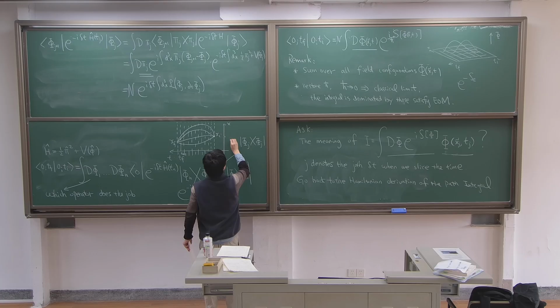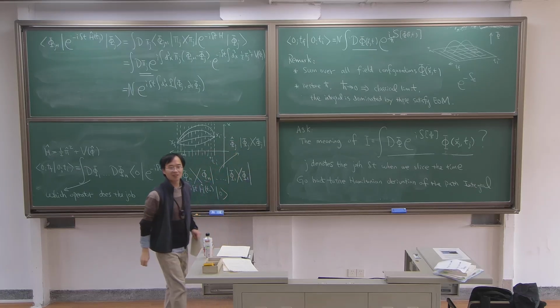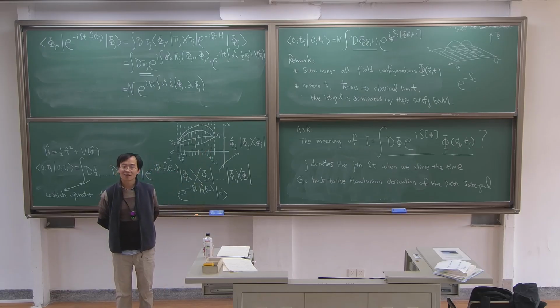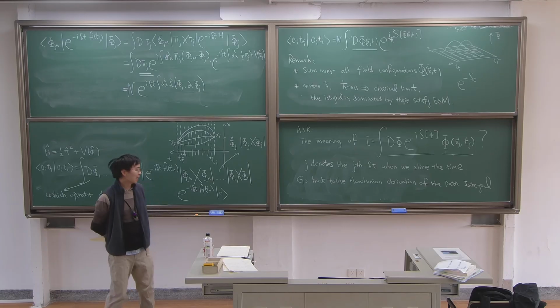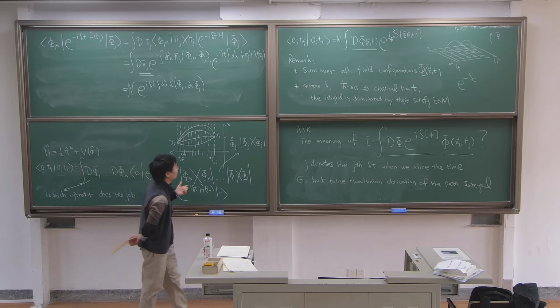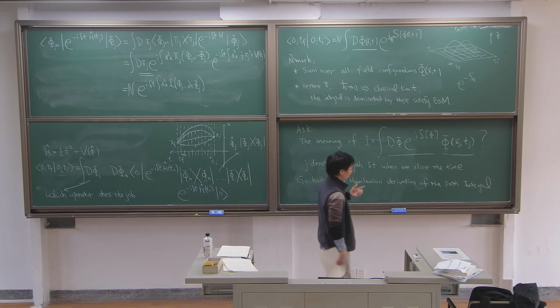If you act a phi j hat operator on this eigenstate phi j, then you'll get a function phi j, right? Because this is the eigenstate. If you act an operator on that state, then you get this function, okay? You get this function.